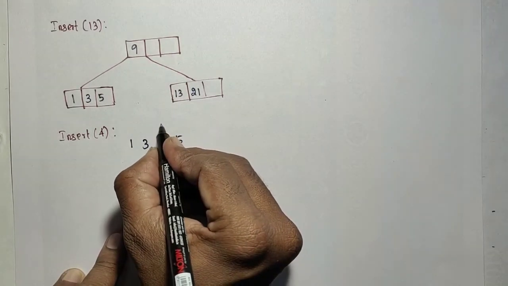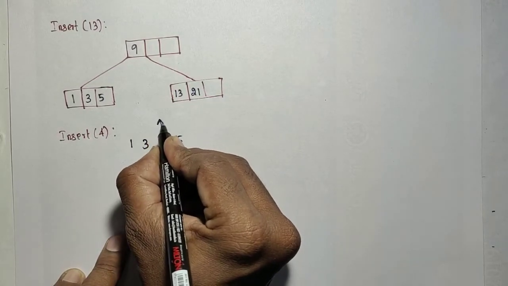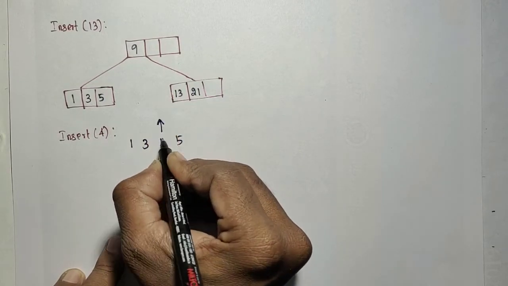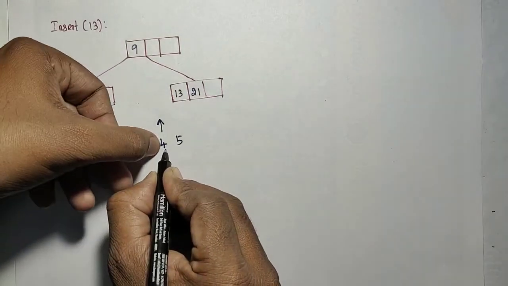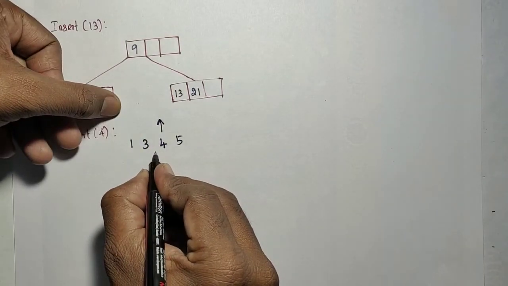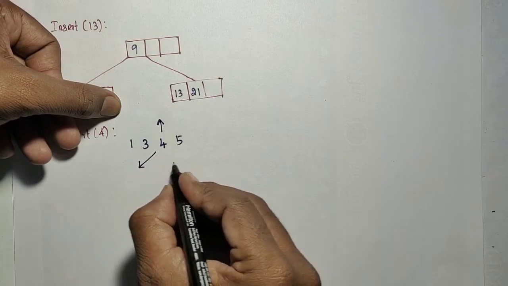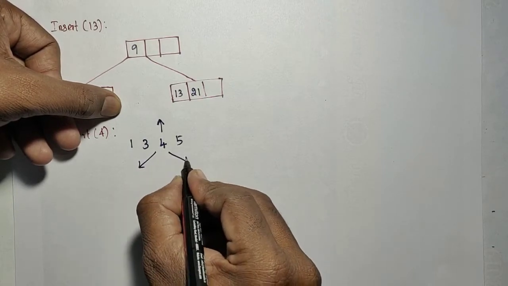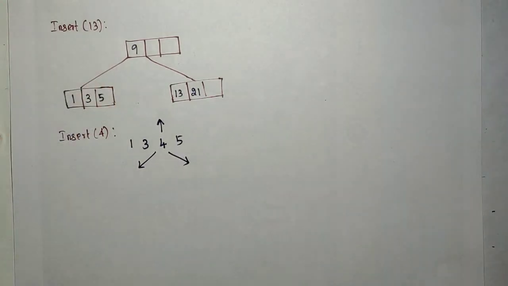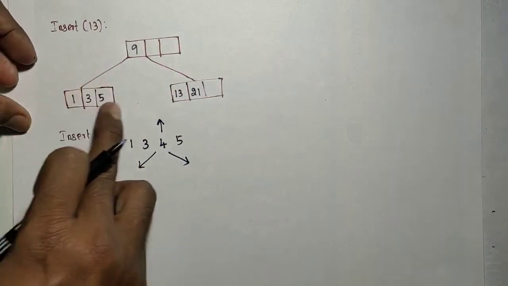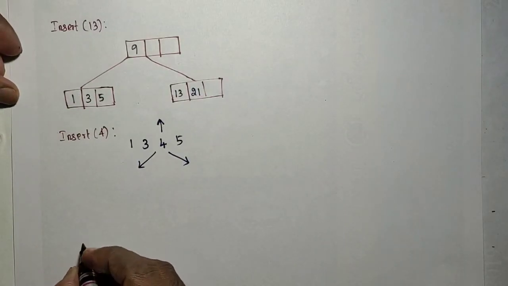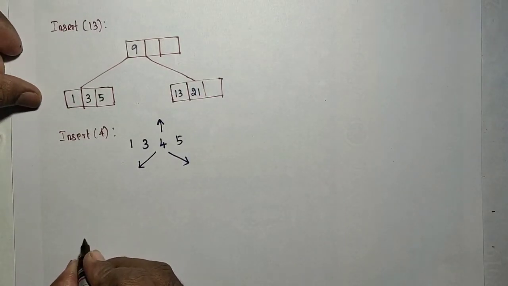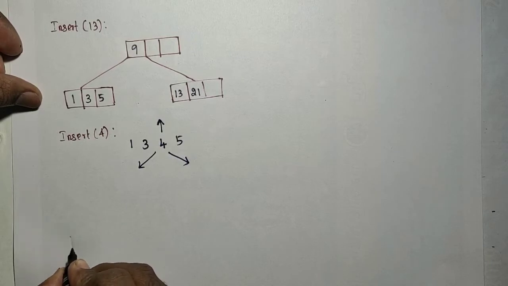So the 4 is moved into the root, and 1, 3 will be the left of the 4, and 5 will be the right of the 4. At this point it is going to be split like this.